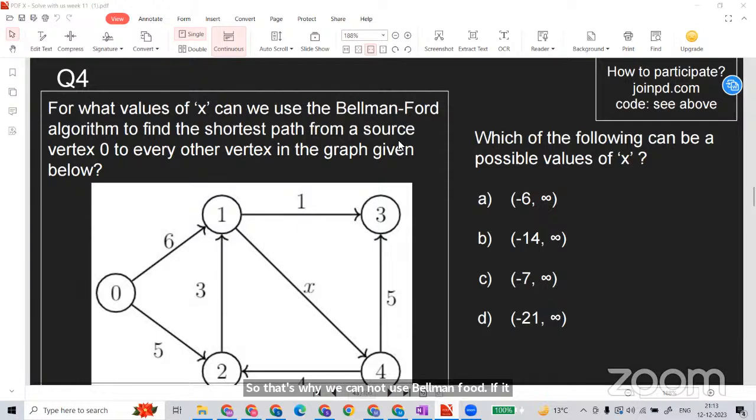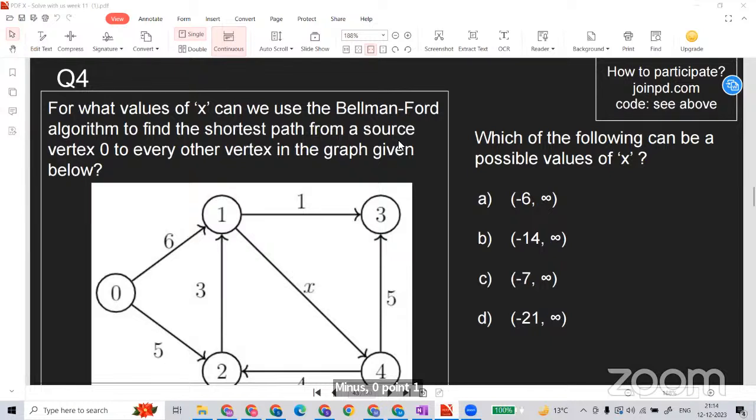Even so, can we give some boundary to the x value? What would be the boundary if x value is lesser than -7? It means -7.5, even -7.999, or even -7.1.